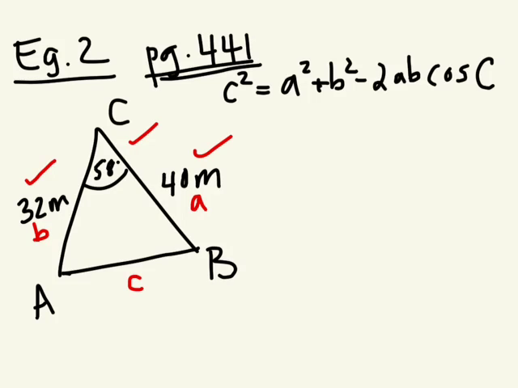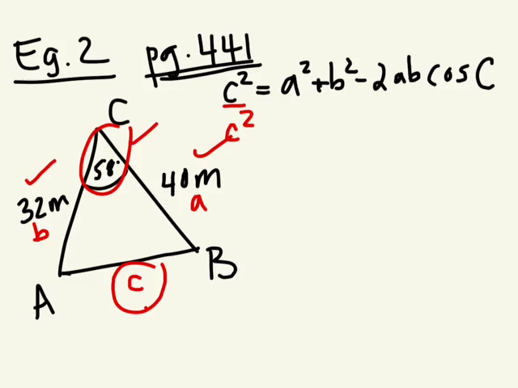Okay, so we're going to use the formula c squared. You always want to have your unknown as C, either the side C or the angle C. In order to use this formula, label your triangle with C as your unknown. Okay, so we're trying to find c squared. So all we're going to do is plug in.